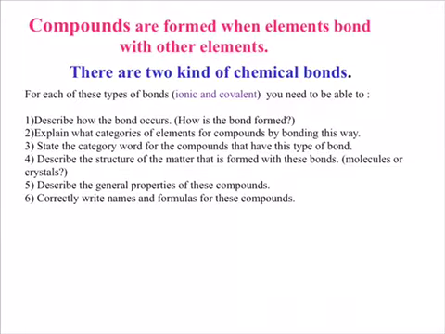Can you explain what categories of elements are bonded in this way? Can you state the category word that we use for those compounds formed from the type of bond? Can you describe the type of matter that's formed, the general properties of that type of matter? And then the one that we're going to spend the most of our time on is writing names and formulas for these compounds.